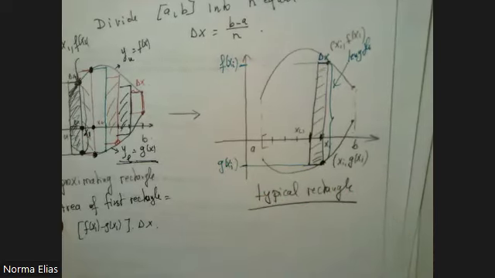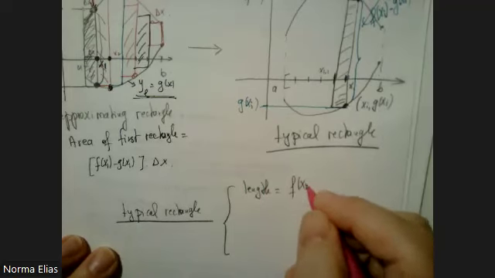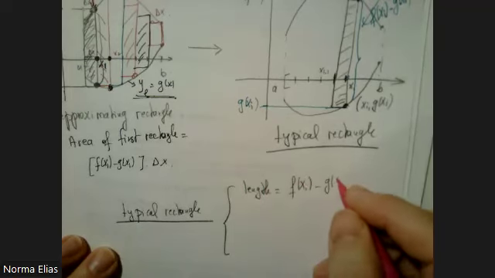So I'm going to analyze here a typical rectangle. For every typical one, the length is going to be f of xi minus g of xi.